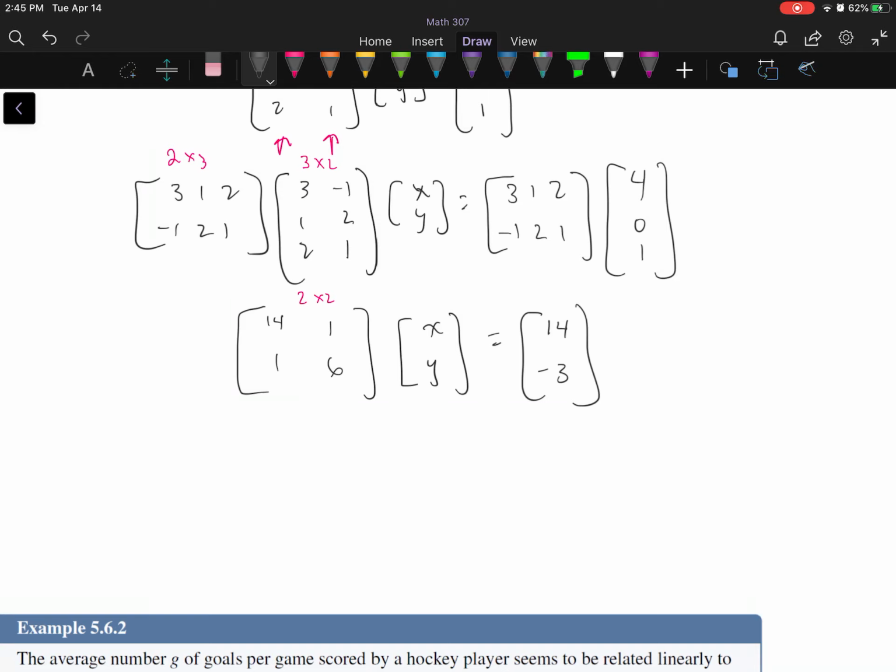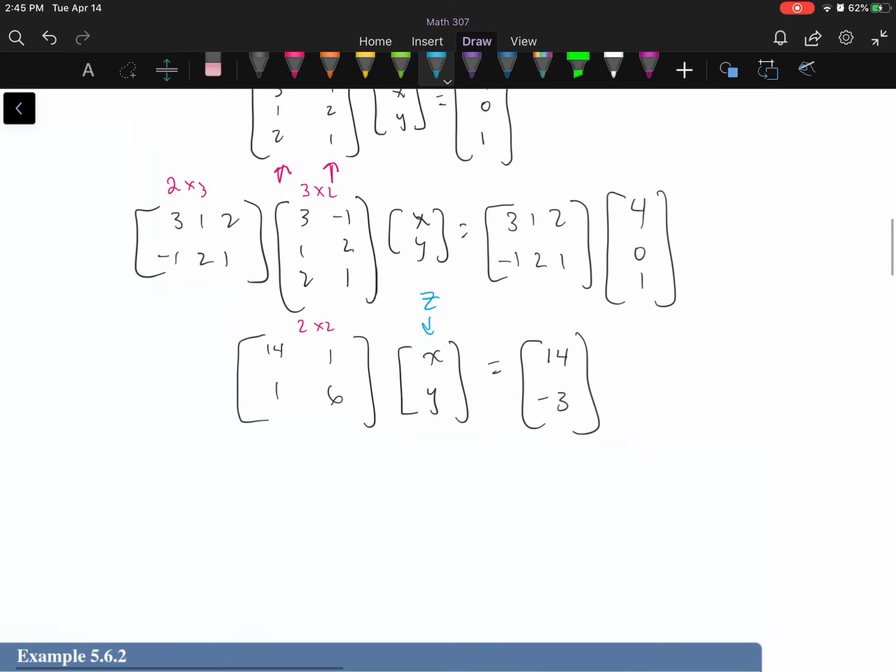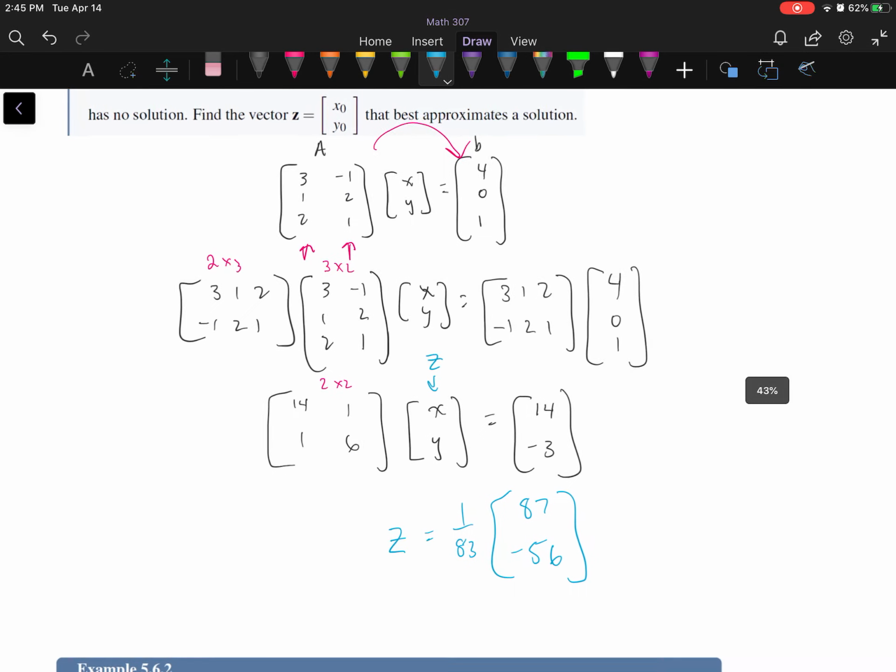Our book would call this vector z, the best approximation, and z ends up being 1/83rd times 87, negative 56 as an answer.